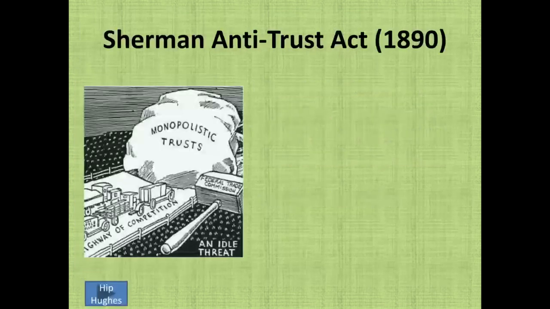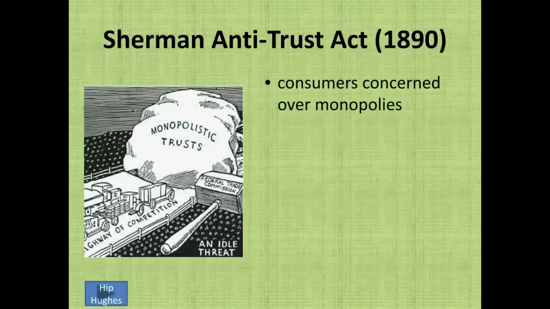To try to combat this, the government eventually steps in with something known as the Sherman Antitrust Act. And you definitely need to know what the Sherman Antitrust Act is. Because consumers were concerned over these monopolies where there was only one person to buy from, they put a lot of pressure on the federal government.